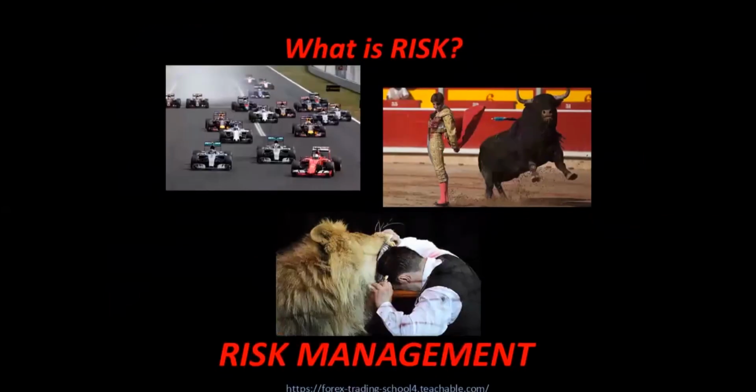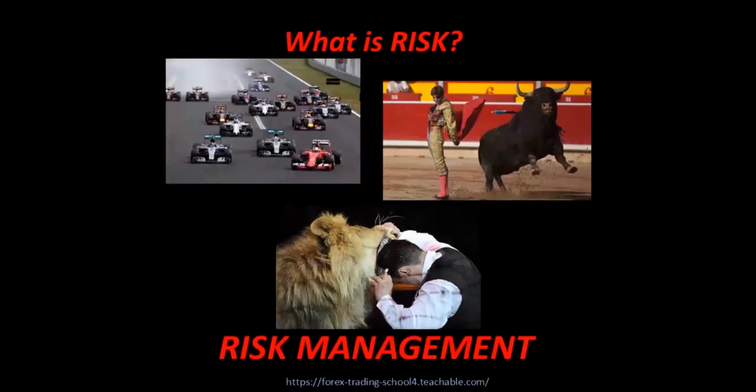Now, these are just a few examples of this risk, like the Formula One racer, or maybe the bullfighter, or whatever the risk might be. Now, don't forget, we keep on saying it has to be a well calculated risk. I'm not saying go and put your head inside a lion's mouth, please.